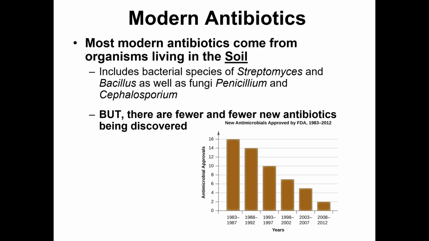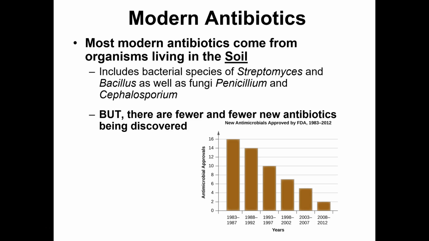Now, there's a bit of a problem. The number of new antibiotics we're discovering has dwindled massively over the last 40 years. Okay, so as you can see in the bar graph, as the bar graph goes down, that represents the number of antimicrobial approvals. So, to make this even more sobering, next time we're going to talk about the 5 classes of antibiotics.